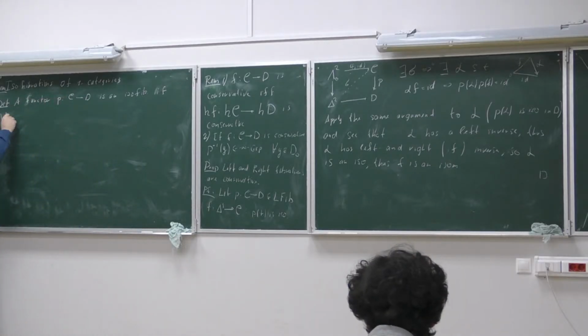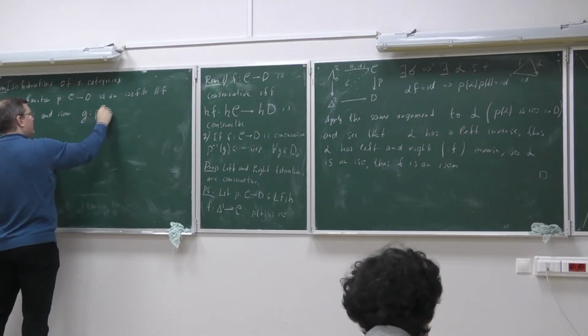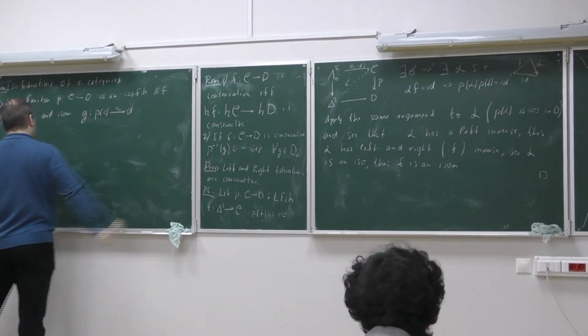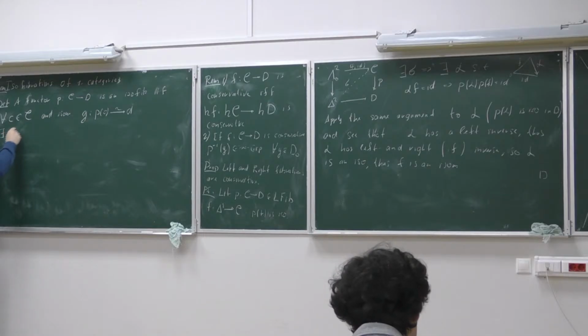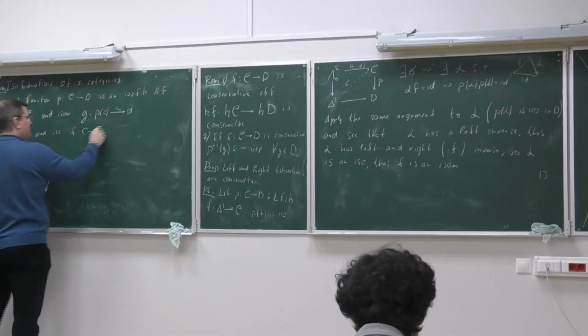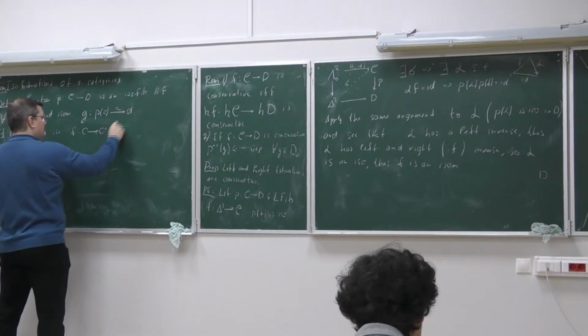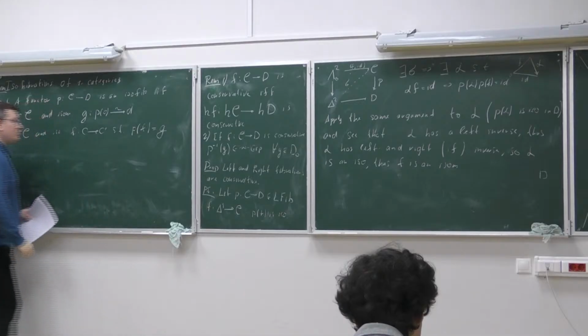For any object little c in the category C and isomorphism g from P of little c to some object d in the category D, there is a lift. So there is c prime in the category C and an isomorphism f from c to c prime such that P of this isomorphism, little f, is exactly this isomorphism g.